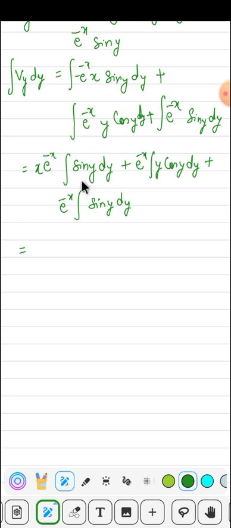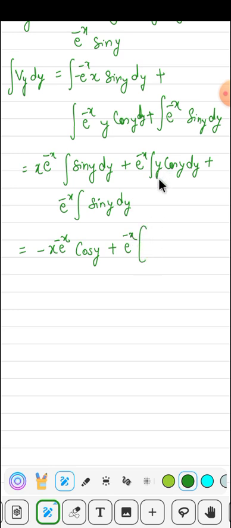Okay, so integration of sin y is equal to minus cos y. So minus x e^(-x) minus e^(-x) cos y plus e^(-x).